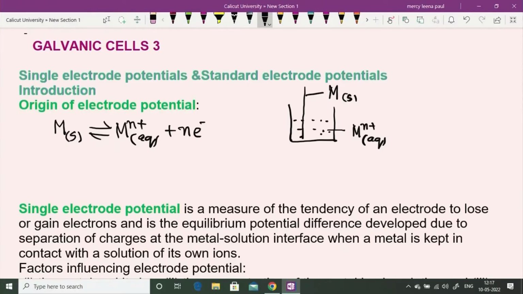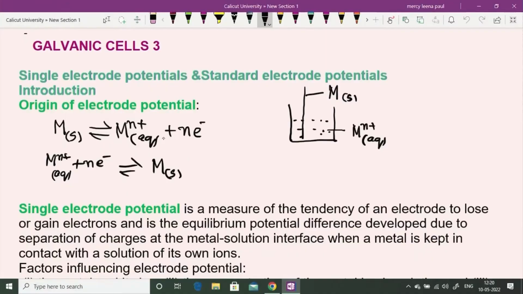This is one tendency. At the same time, the ions present in the solution may take up electrons to form the solid metal, and they enter the crystal lattice, or you can say that it deposits on the metal part. Here you can see two reactions I have written.